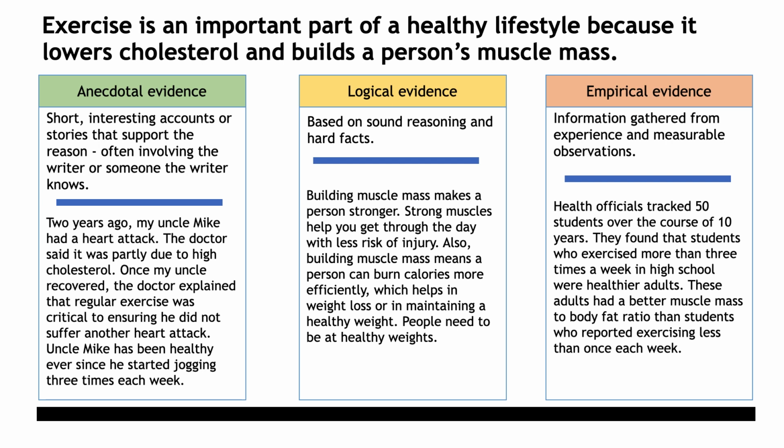These adults had better muscle mass to body fat ratio than students who reported exercising less than once each week. This evidence supports our claim and our reason that building a person's muscle mass is important to a healthy lifestyle by providing data. Remember, any examples or evidence that you use must relate back to your thesis.